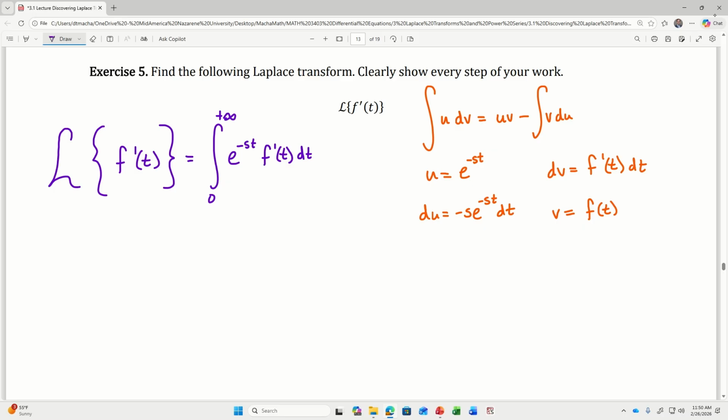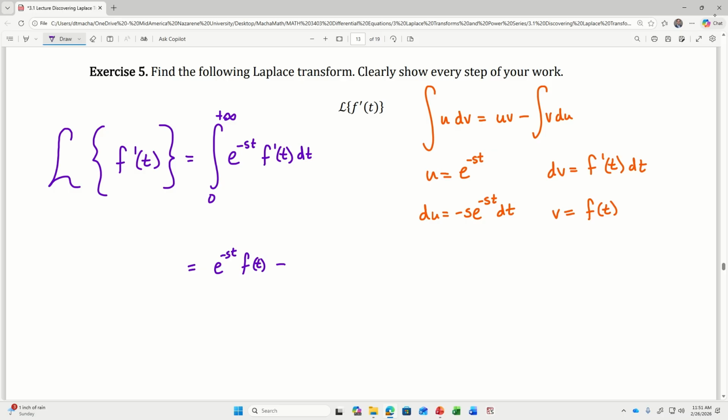So let's figure out what that says after applying integration by parts. u times v is going to be e to the negative st f of t, minus v du.